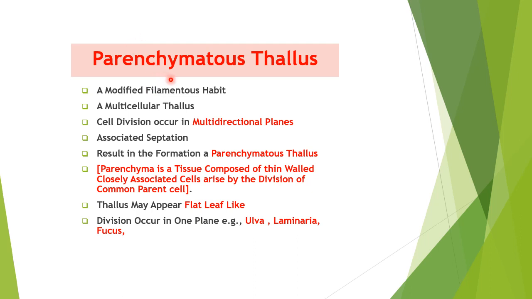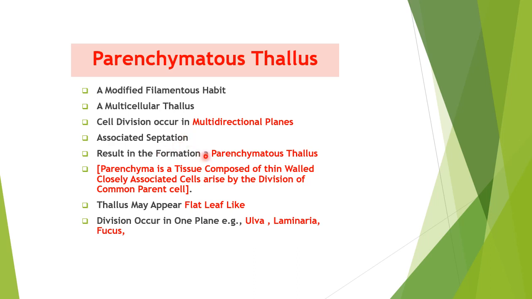So it is a modified filamentous habit. It is a multicellular thallus. Cell division occurs in multidirectional planes. In the filamentous habit, it was in one plane. Here, in this modified filamentous habit, it is in multidirectional planes, and there is also septation or cross-wall formation.